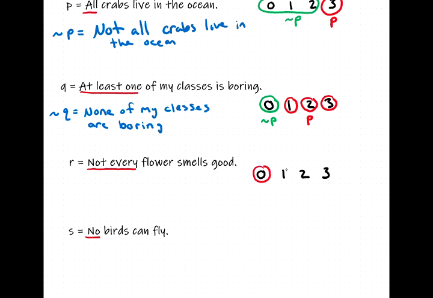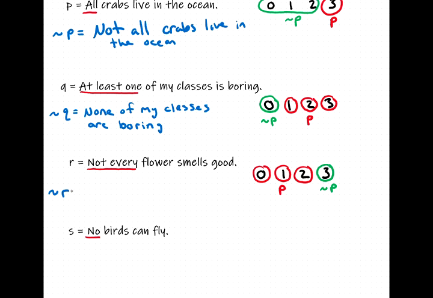So not every or not all. If there's only 3 flowers in the world, all would be all 3. So the statement deals with or refers to the case of 0 or 1 or 2. So the negation would be all 3.